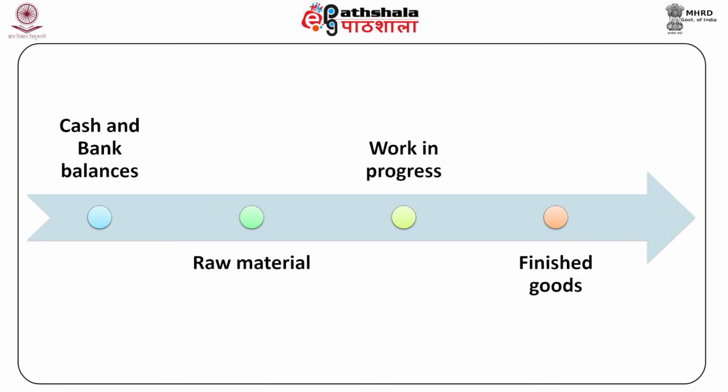It is assumed that the raw material is fed into the pipeline of the production process immediately, while labor and overhead charges are gradually bestowed upon them. If more detailed information is available on the stage of completion, the value of work in progress can be estimated on a more reasonable basis. Number 4, finished goods.